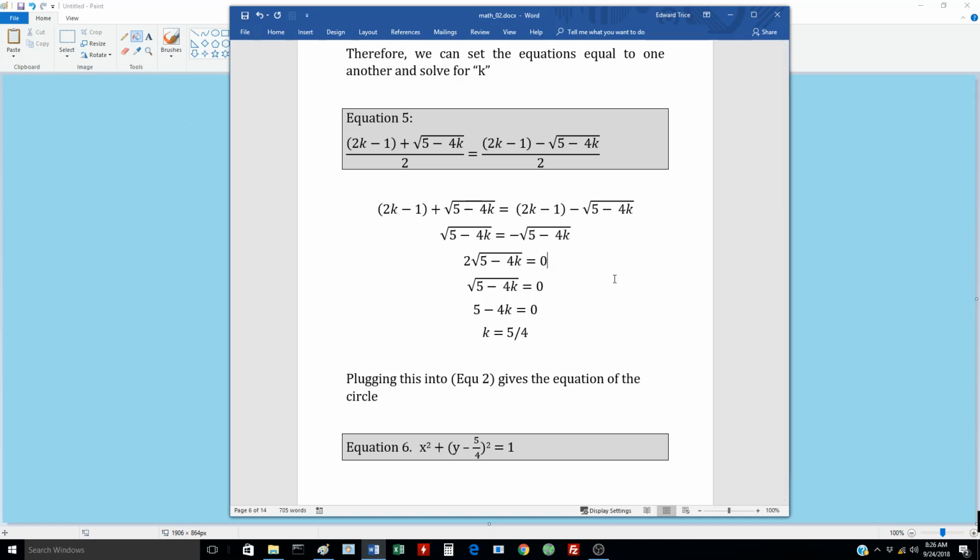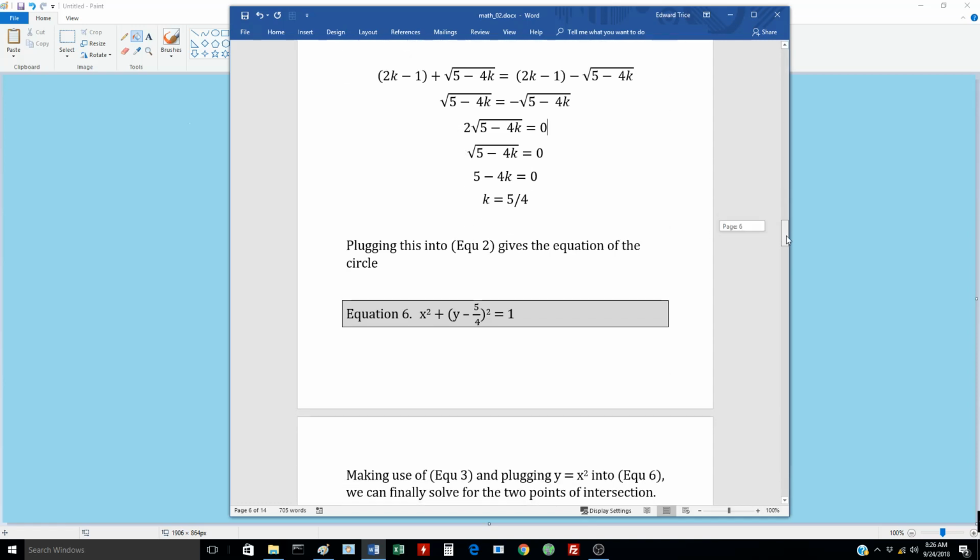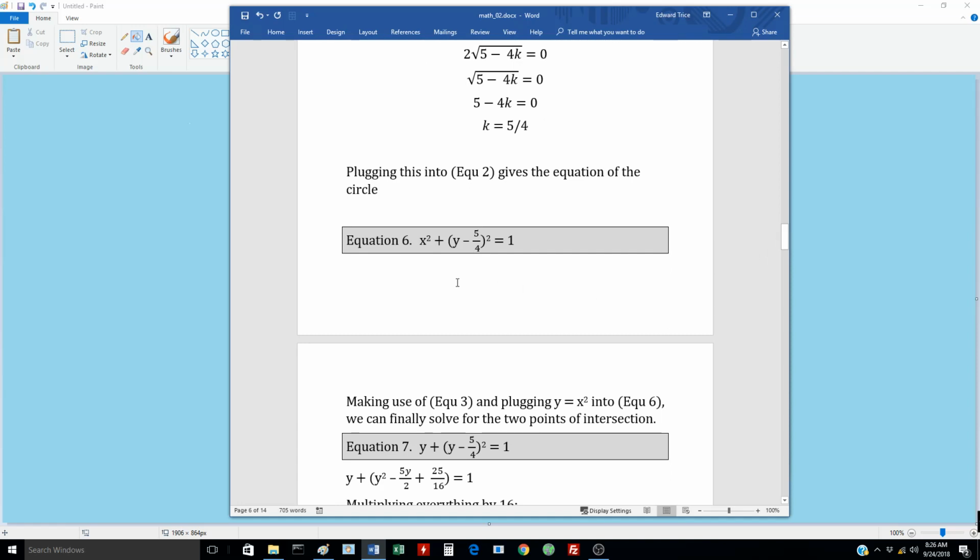And you can square both sides because on the right, nothing happens. And you're just left with 5 minus 4k equals 0. And, of course, k equals 5/4. So after all that, we now know the equation of the circle. That's equation 6 here. X squared plus the quantity y minus 5/4 squared equals 1.